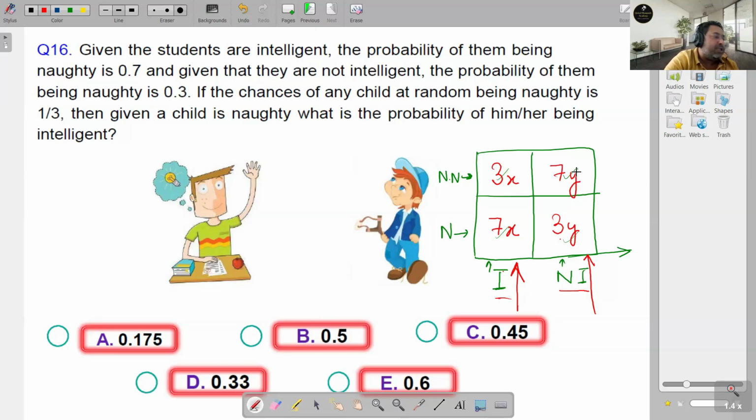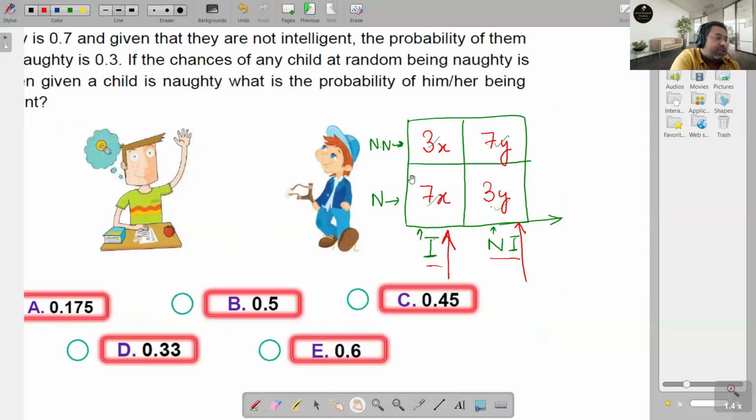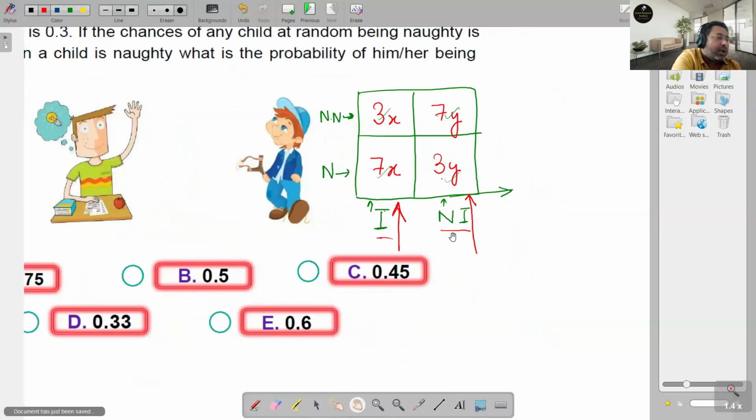Now it says if the chance of any child at random being naughty is 1 upon 3. So now let's see what is the total number of children. The total number of children, as you can make out from here, is 3x plus 7x is 10x, plus 7y plus 3y, which is 10x plus 10y. This is your total number of students.